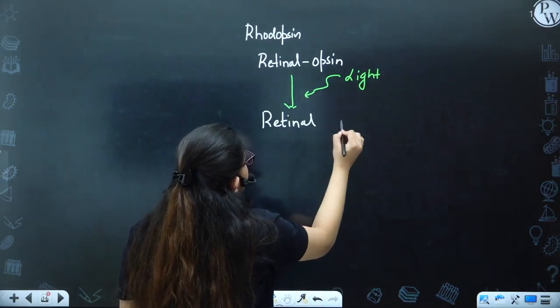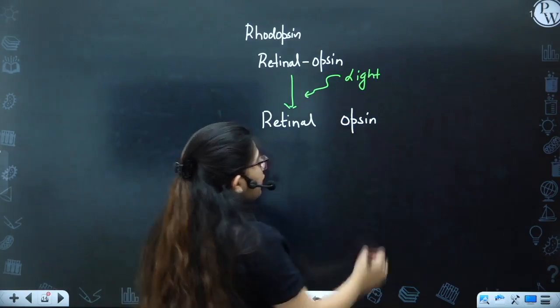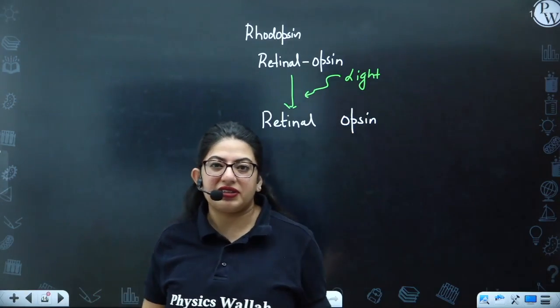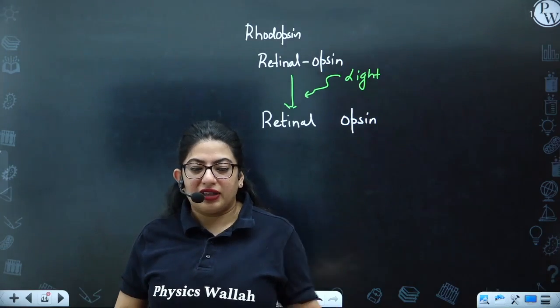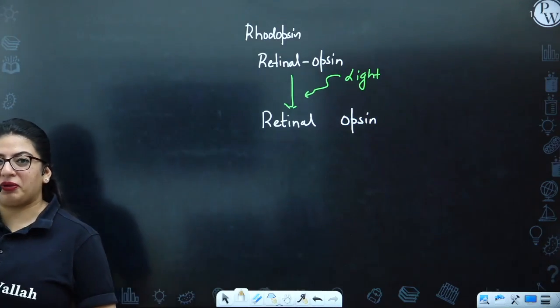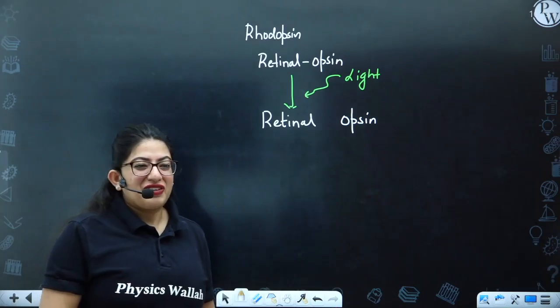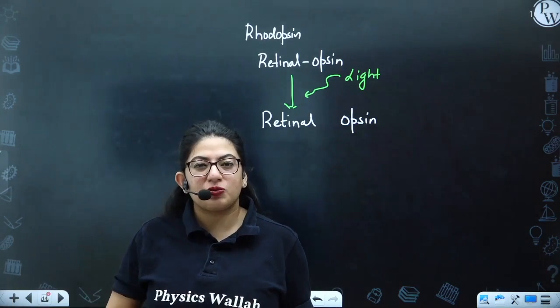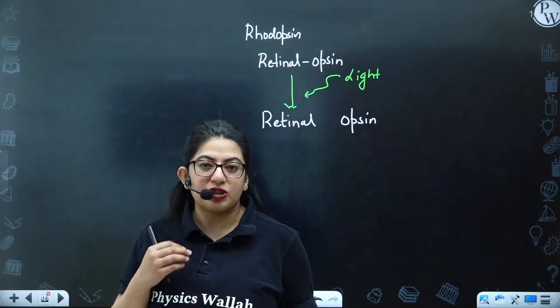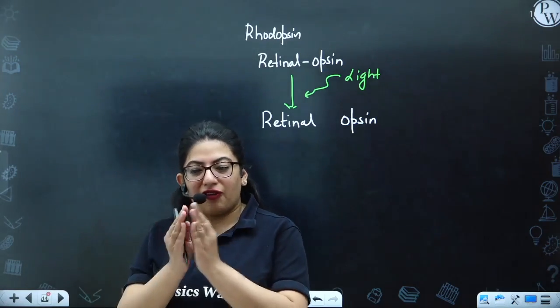Why? Because there is a change in conformation. For example, if two lovebirds are sitting like this, holding hands, but suddenly the teacher comes in the class, they will leave the hand and they will separate. They will fall apart, right? Why? They are changing their position. Just like that, retinal changes its position, and hence they have to move apart.